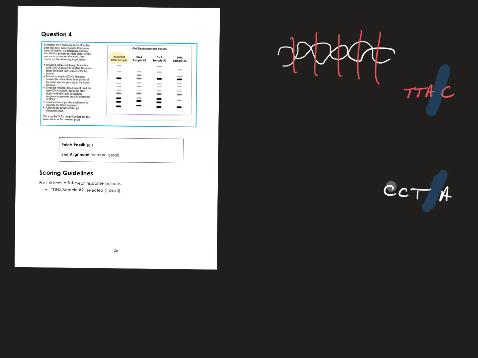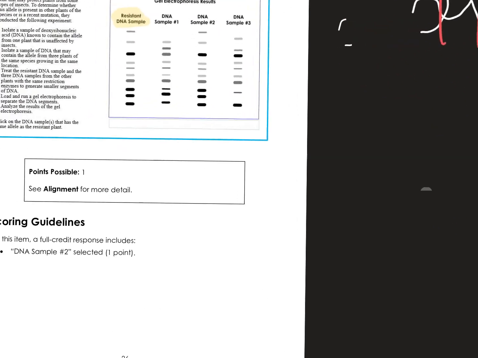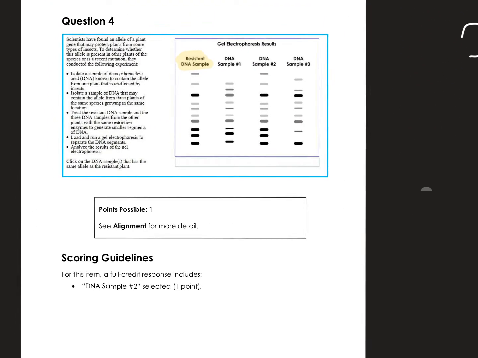So the sequence, depending on where they cut, tells you something about how related the two samples are. And then you run them on a gel, and the bigger the piece that's been cut, the further up here it is. The smaller the piece, the further down here it is. The bottom line is that the similar patterns show you how closely related that individual is to the reference, in this case, the DNA-resistant sample.